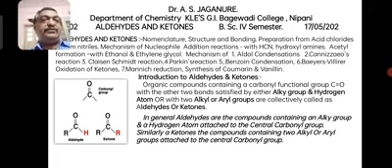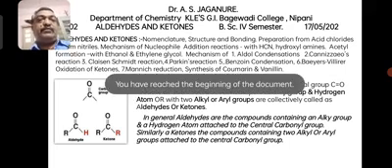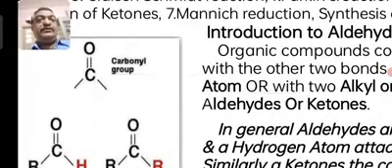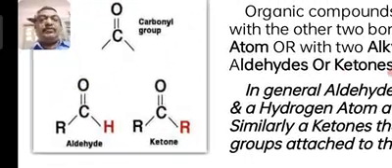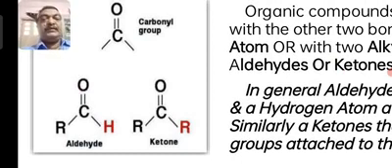What are aldehydes and ketones, and what is the basic structure required for them? This is the carbonyl group responsible for both aldehydes and ketones, that is C double bond O with two valencies. If these two valencies are satisfied by an alkyl group and hydrogen, it is an aldehyde.